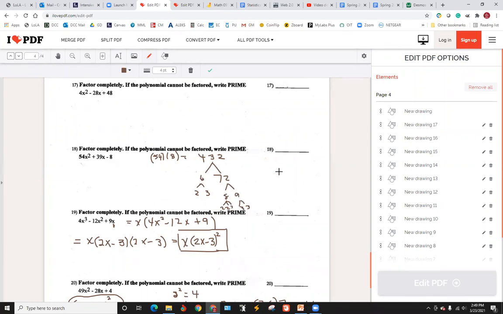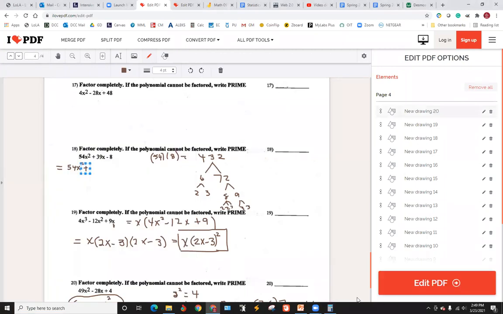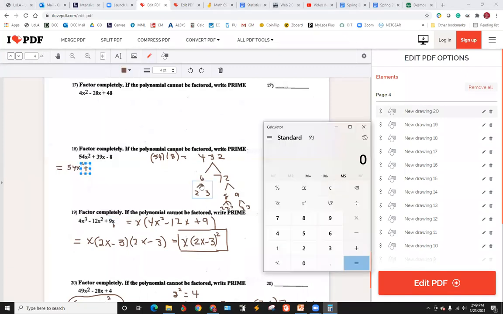Okay, so 9 times 8 times 6. All right, so we're going to have 39, so we're going to have the biggest one is the positive one. So 6.